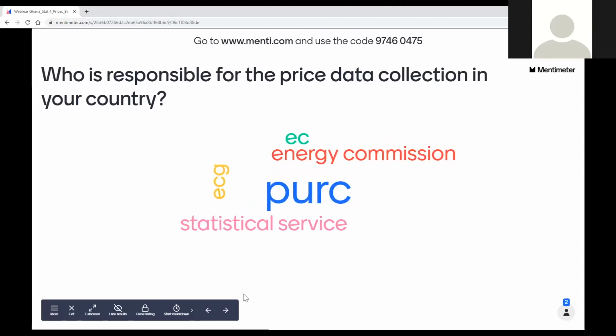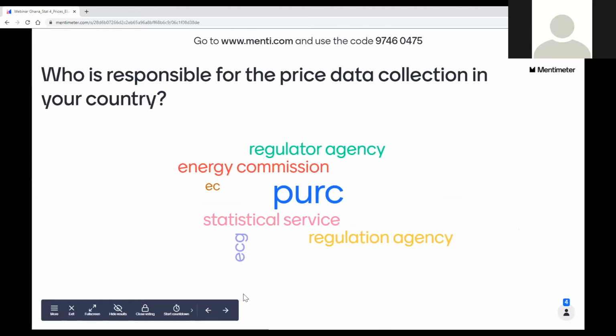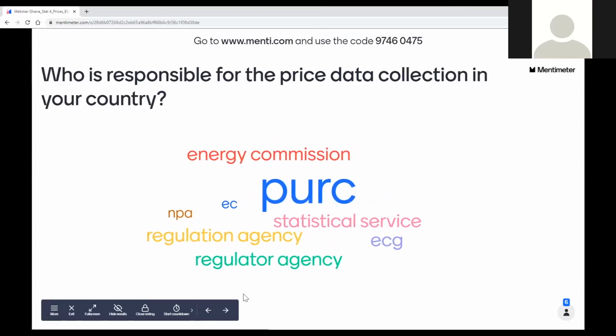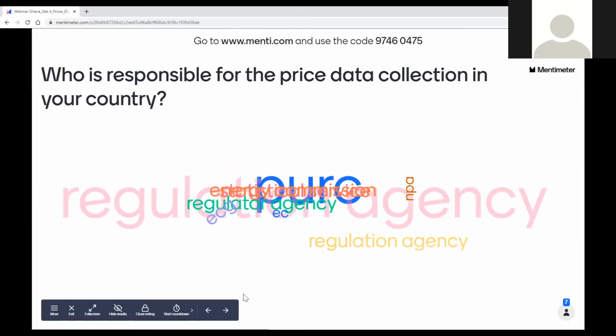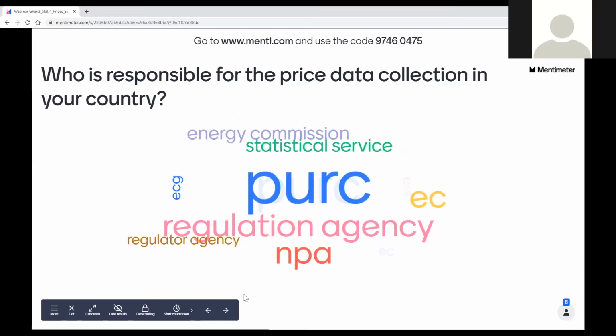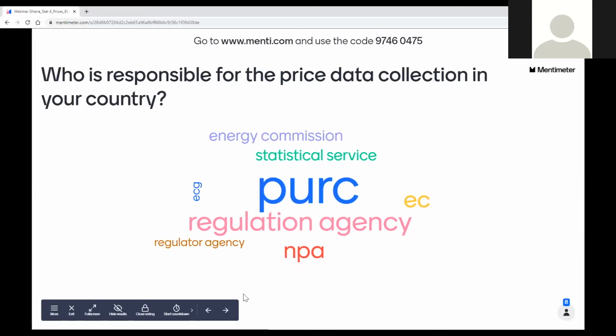So yes, so there's PERC, Energy Commission, Statistical Service, ECG, Energy Commission again, Regulatory Service Agency, NPA, so excellent.